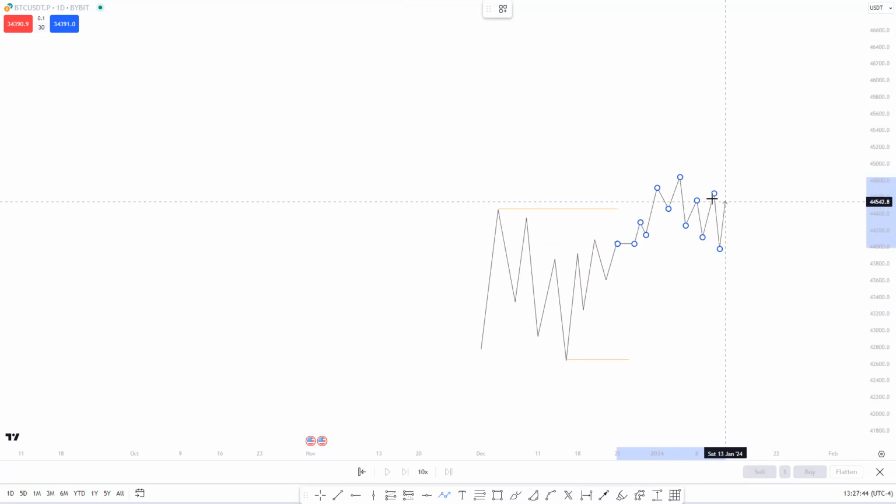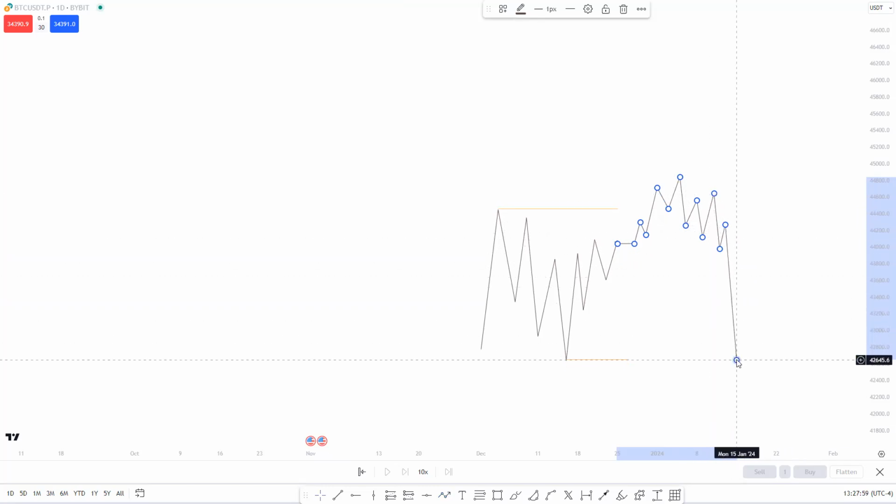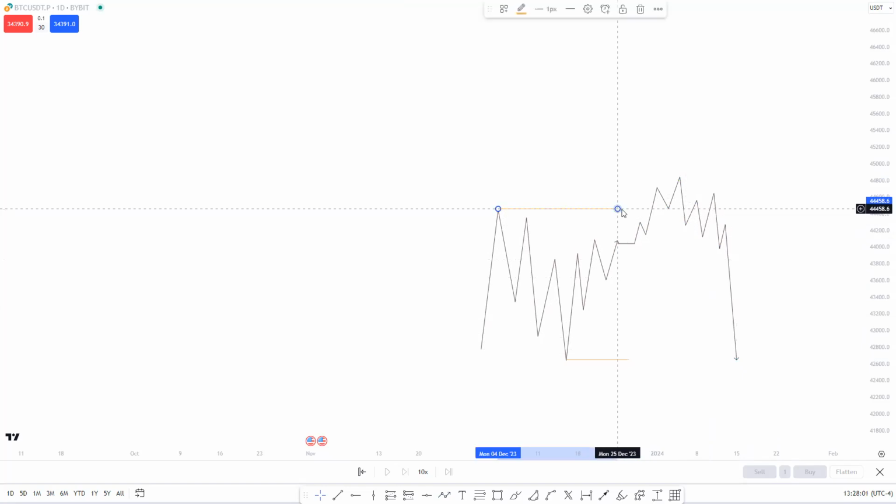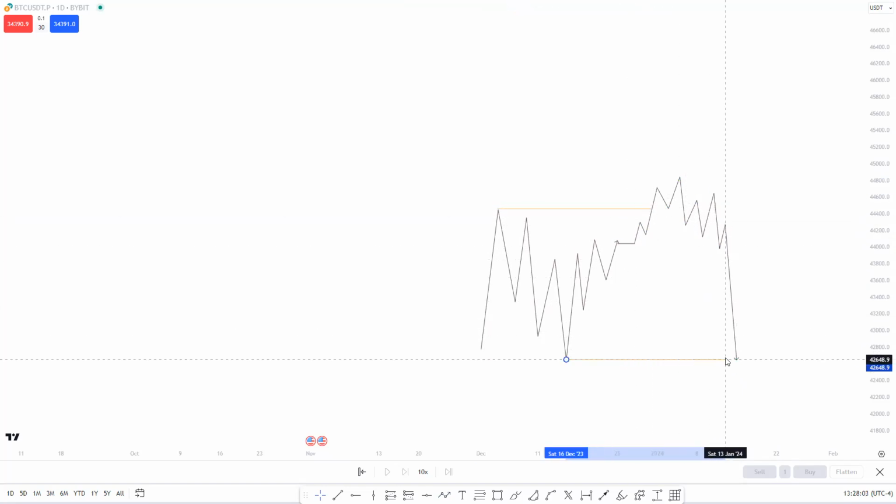Once that happens, you can enter directly on the break of structure right here, or you can wait for price to get into a breaker block or a fair value gap or whatever you want. Place your stop loss right here, and then target the Asian low. So this is basically my Asian session model.